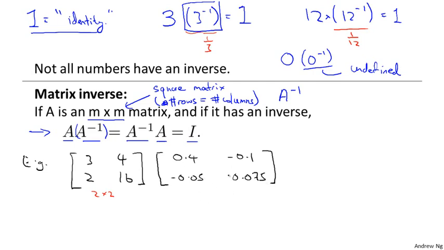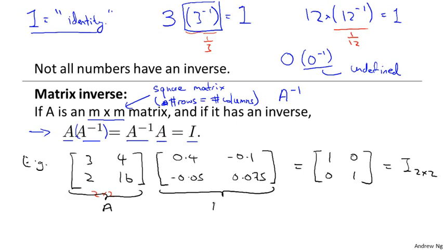And if I multiply these together, what I get is the 2 by 2 identity matrix, I. I can write this as I 2 by 2. On this slide, this matrix is the matrix A, and this matrix is the matrix A inverse. Here I've computed A times A inverse. If you compute A inverse times A, you also get back the identity matrix.